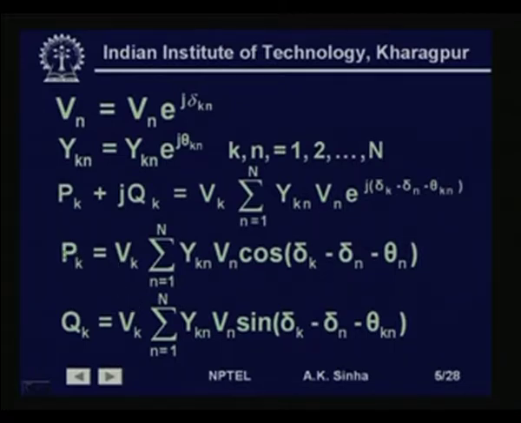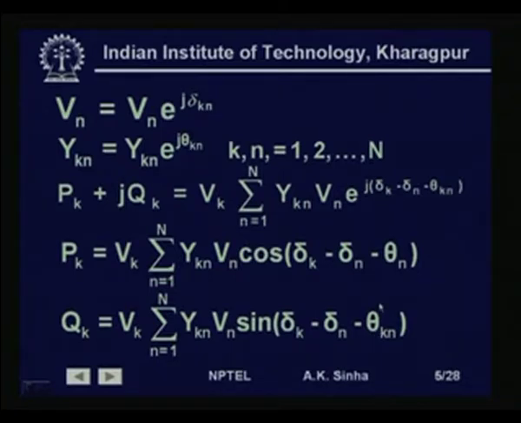Then we can write the real power injection into bus k as V k summation n equal to 1 to capital N y k n V n cos (delta k minus delta n minus theta k n), and similarly the reactive power injection into bus k is equal to V k summation n equal to 1 to capital N y k n V n sin (delta k minus delta n minus theta k n).